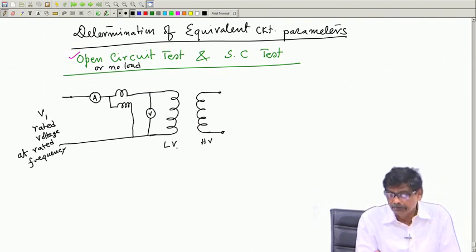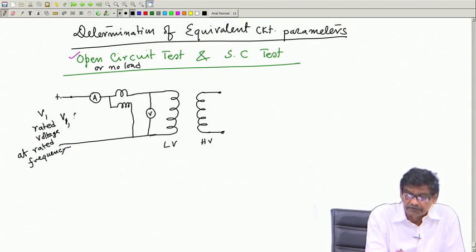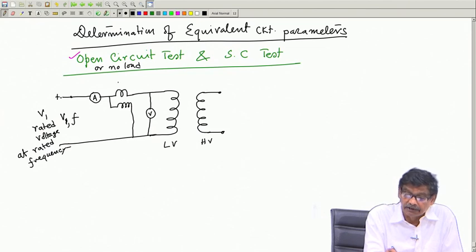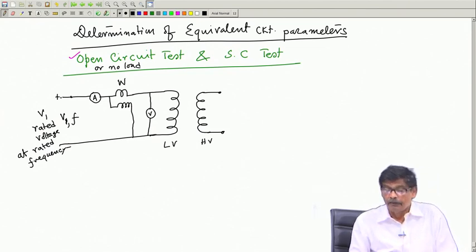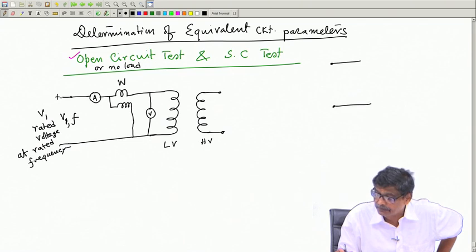So, what will I do? The LV side I will energize with voltage V1 at rated frequency F and connect an ammeter and wattmeter. And keep in mind this is the approximate equivalent circuit I will refer to.